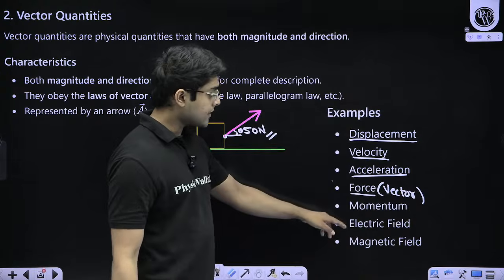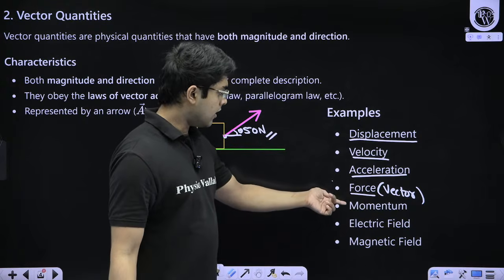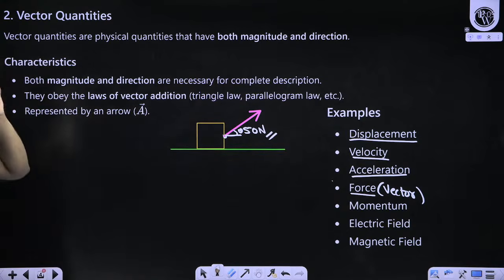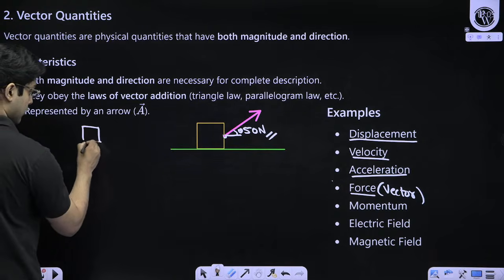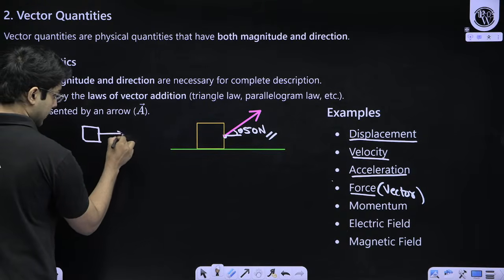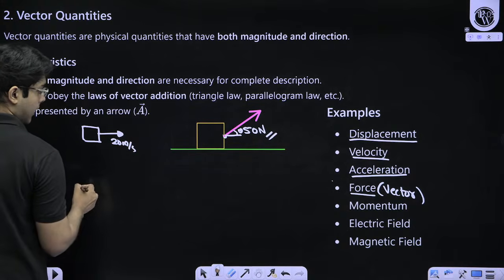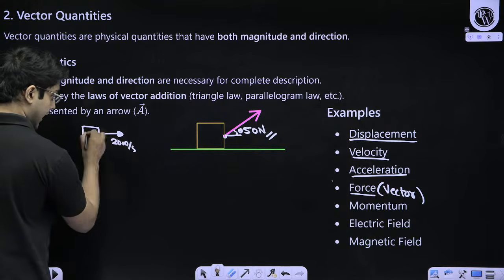Similarly, electric field, magnetic field, these are quantities we will see in class 12th. Momentum also we will see in 11th itself. Displacement, velocity, acceleration, also same logic. For the velocity of an object, if we have some object which is traveling at a speed of 20 meters per second, it's not only enough to know the speed, right, but also the direction in which it is moving.